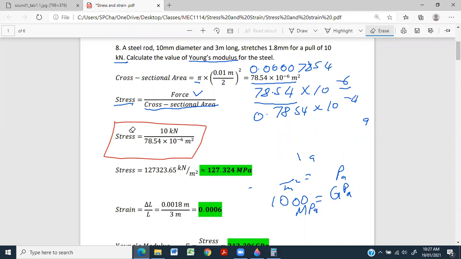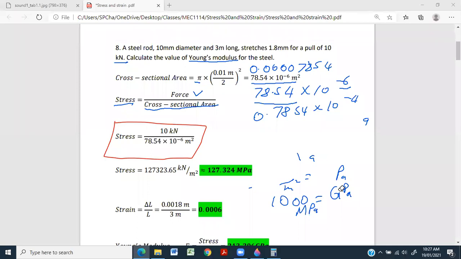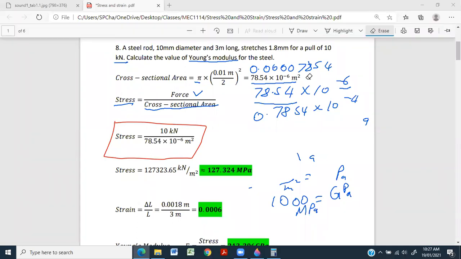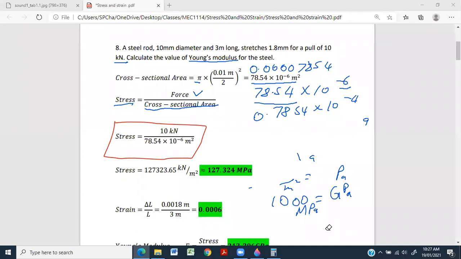So divide this number and tell me if you have the same thing. If anytime along the way you don't get the same answer when you are working it out, stop me and I'll go through it.